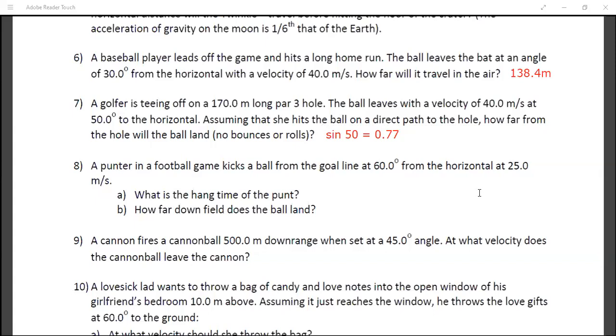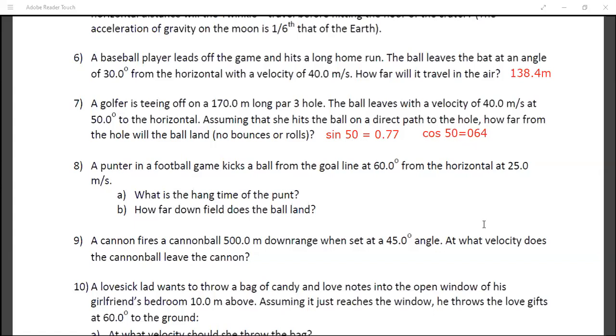Yeah, Bhavish. Sir, no, I got it. I was going to ask how we will get the value of sine 50 and cos 50. No, that will be given to you. Okay, sir. 0.64 cos 50. Both the values will be given.